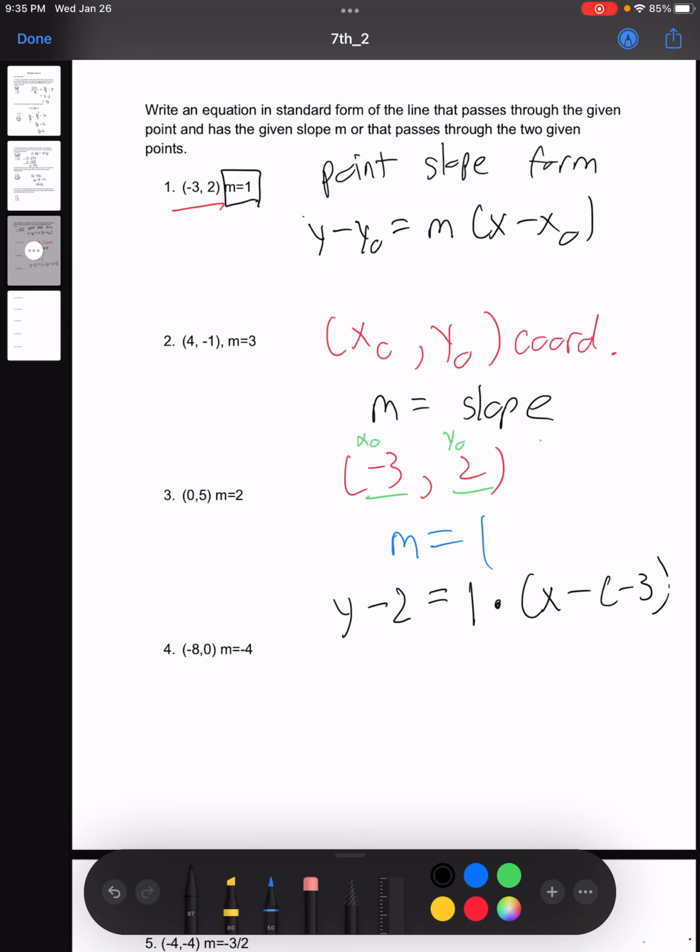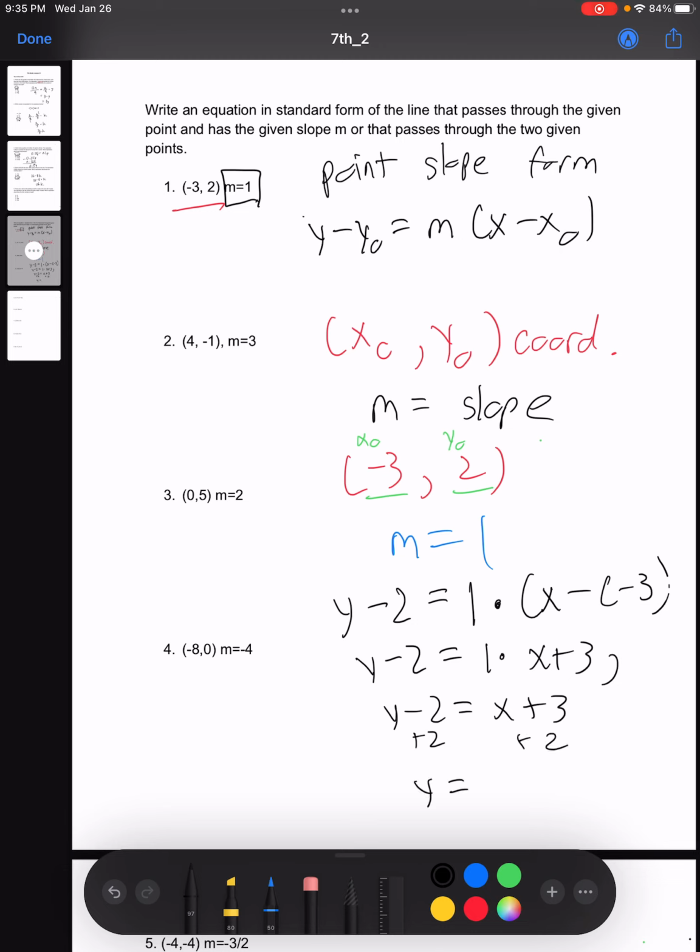And from here we can simplify some things. y minus 2 is equal to x subtracted -3, which is x plus 3. So you get y minus 2 is equal to x plus 3. 1 times x plus 3 is just x plus 3. And now to really simplify it, all we need to do is add 2 to both sides.